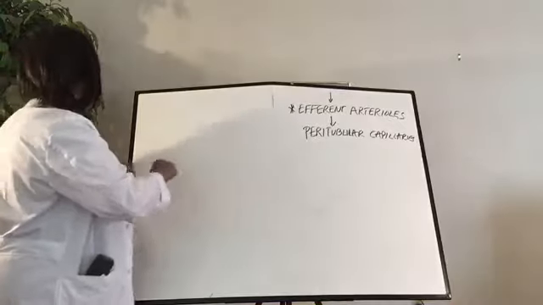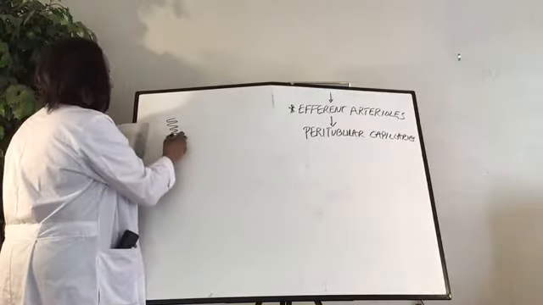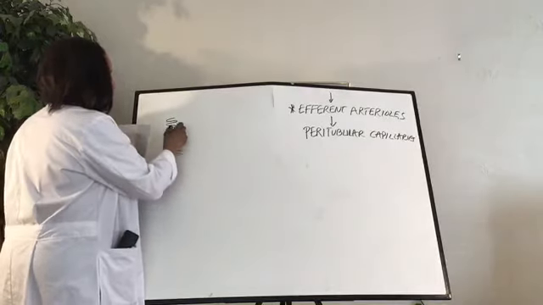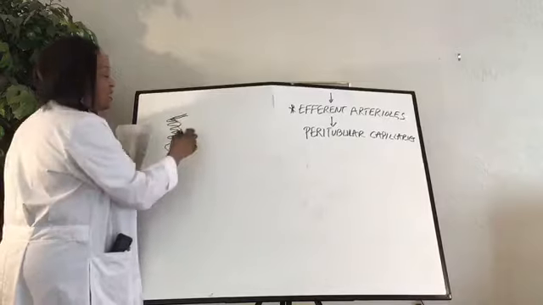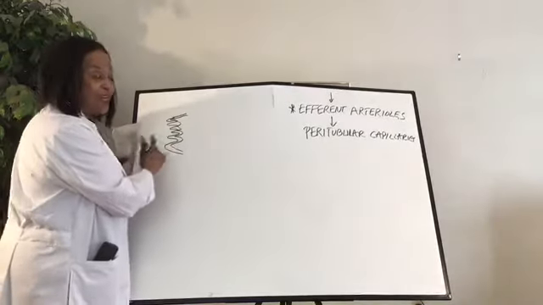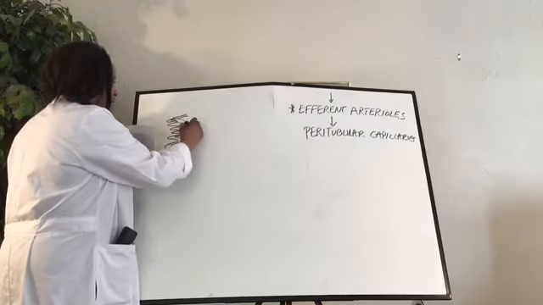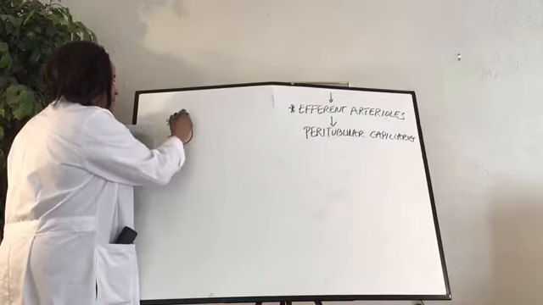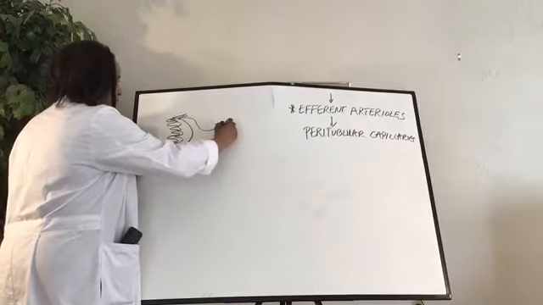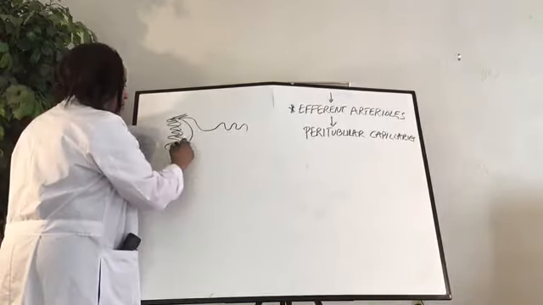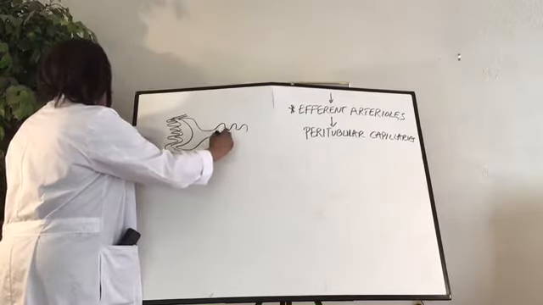I want to draw the glomerulus here, and then the glomerulus, like this tuft of capillaries we talked about, I need you to realize that it sits in something known as the Bowman's capsule.